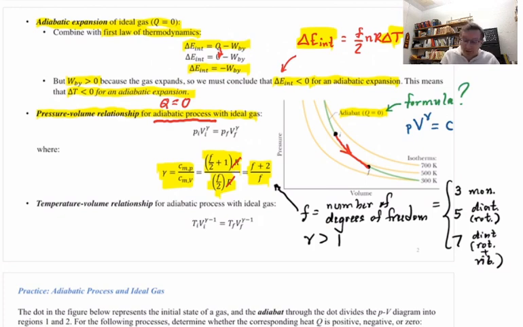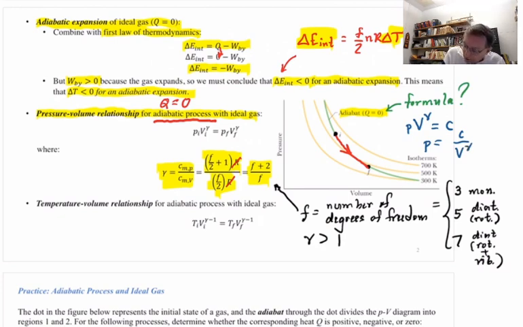That's what P initial, V initial to the gamma equals P final, V final to the gamma means. The pressure times the volume to the gamma power, that combination is always equal to some constant. So the formula for the adiabat is pressure equals constant over V to the gamma power, where gamma is greater than 1.